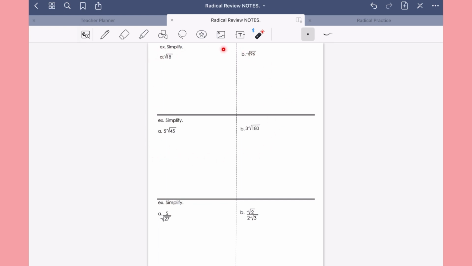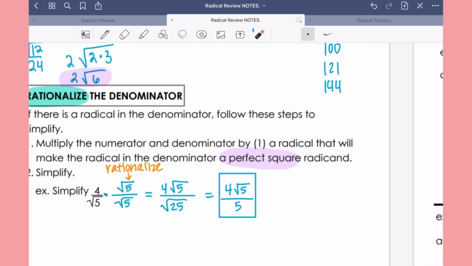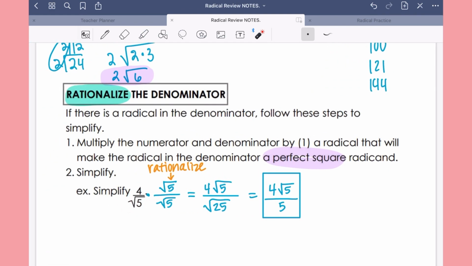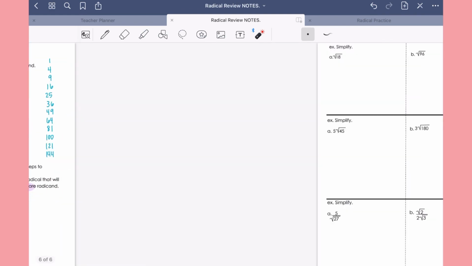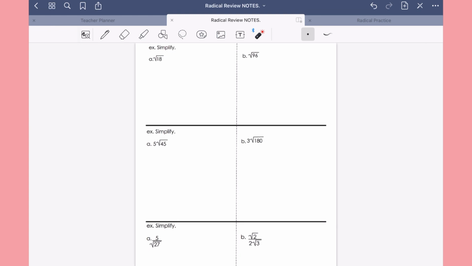There's no fractions. But these last 2 are you rationalizing. So that is what we did here, getting rid of the square roots in the denominator. If you want to go over your work and see if you got these correct, check with me or watch the other video where I go through each one of these.